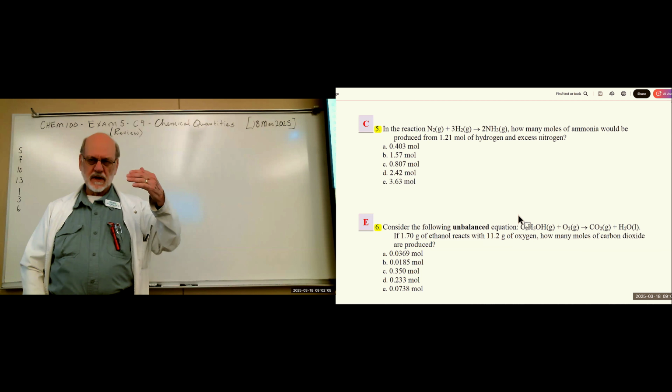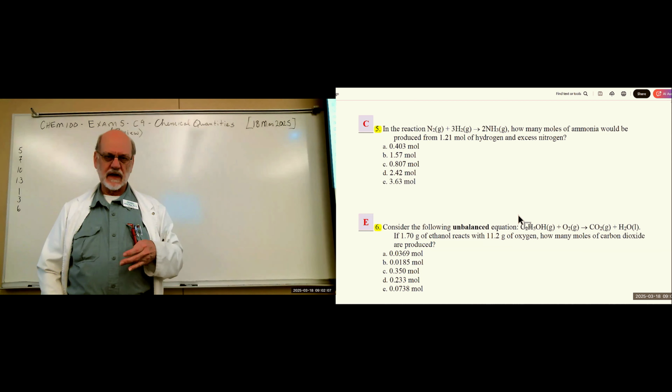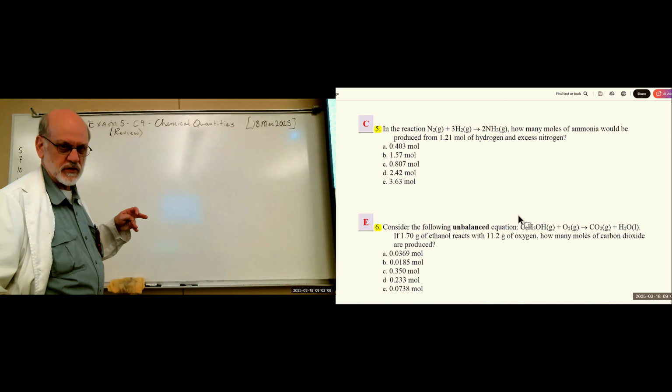I want to ease into it and take them in this order, which should give us some forgiveness. And then we'll make them more complicated as we go and pick up those earlier ones later. All right, so we're going to start with number 5.